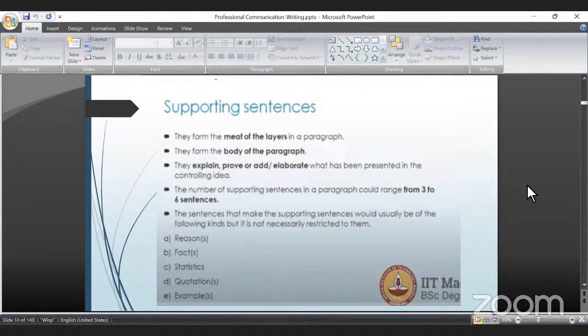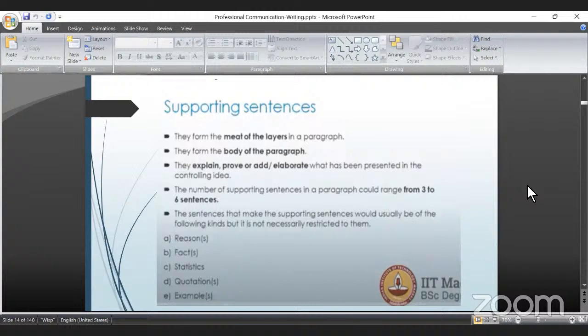What kind of techniques do the supporting sentences use to explain, prove, add, or elaborate? What other methods can supporting sentences use? They could provide reasons. They can state facts. They can quote statistics.